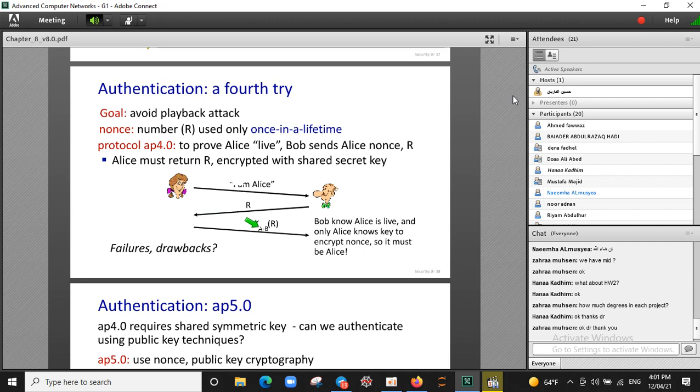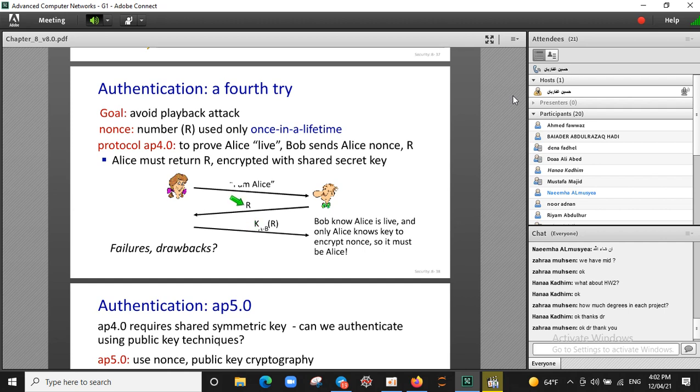So if Alice is the real Alice, she can encrypt the received message from Bob.